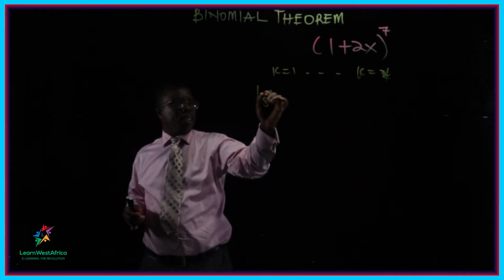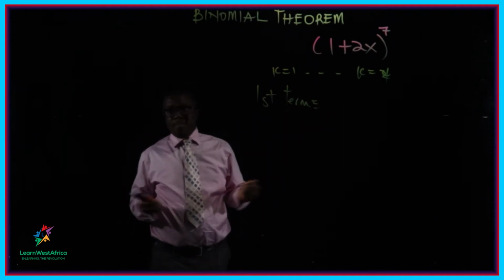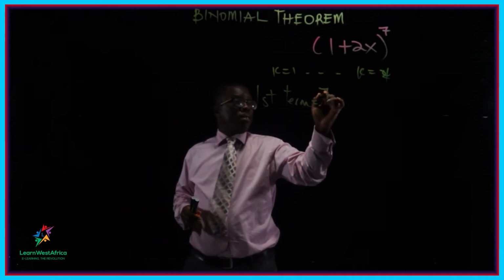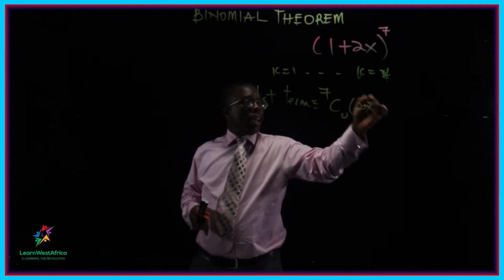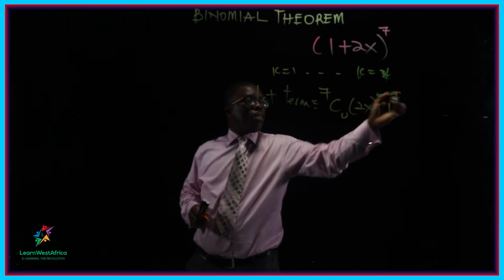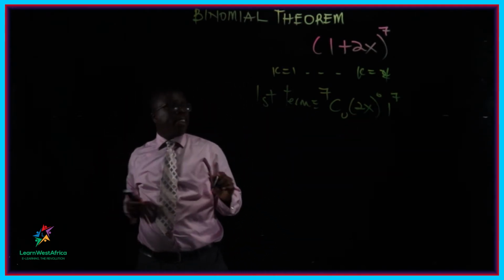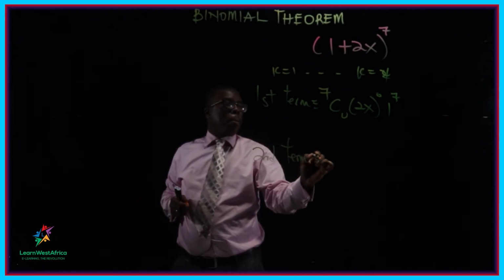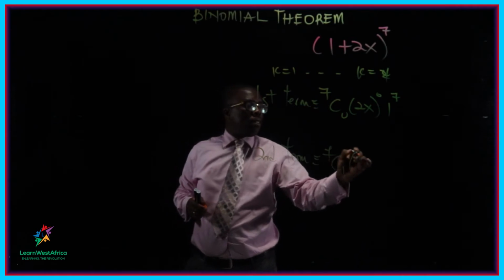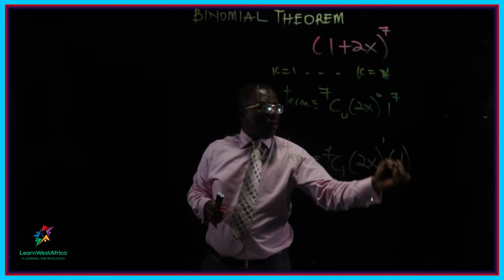So let's look at our first term. What is our first term? Remember, 7 choose 0, (2x) raised to the power 0, 1 raised to the power 7. Because our k is 1, our r is 0, remember, 1 step behind the k. Okay, so our second term, 7 choose 1, (2x) raised to the power 1, then 1 to the power 6.